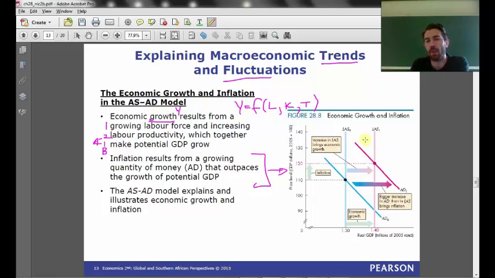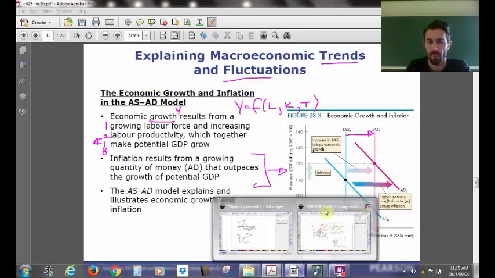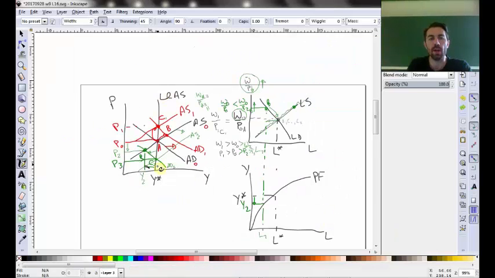When we have economic growth, the long-run aggregate supply curve shifts. Why? Well, remember our long-run aggregate supply curve, the position of Y star is based on the labor market and our associated production function.